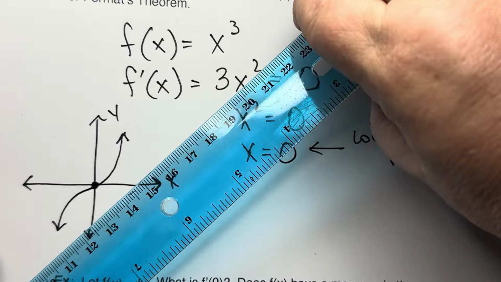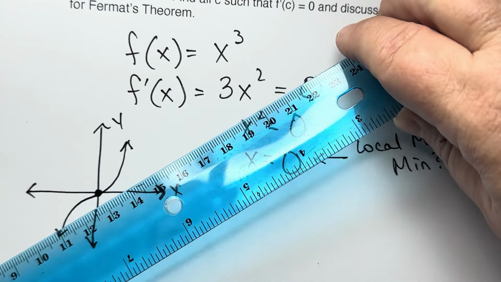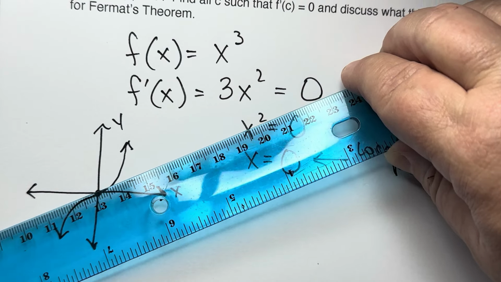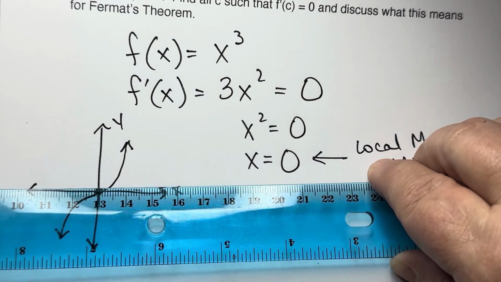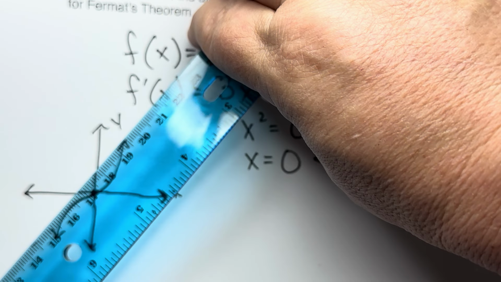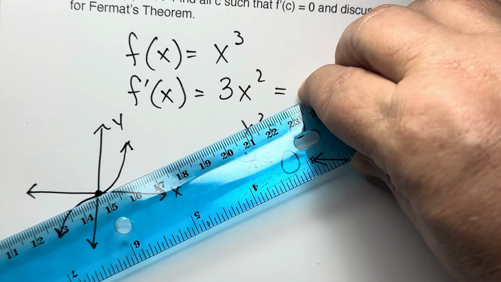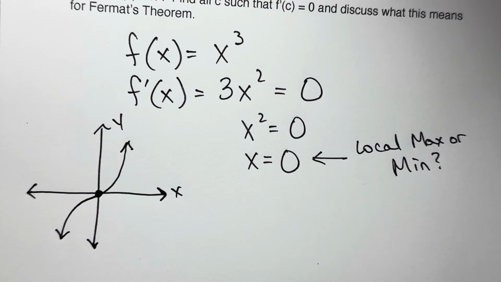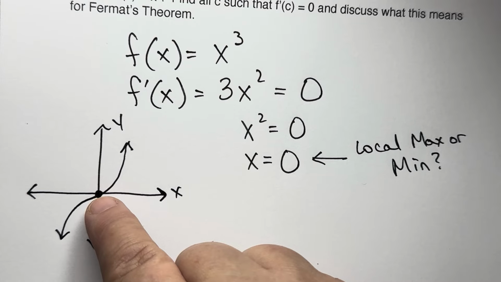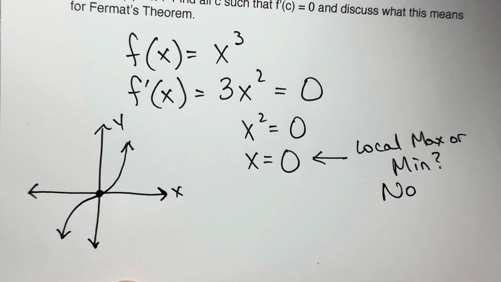Well, the slope is 0 there because if we look at the tangent line and we start drawing it, we see that it kind of, and this is my poor graph, doesn't draw it very well, but it comes from very positive, it kind of flattens out in the middle, and then it goes back up to being positive. Notice that it gets ready to turn around like a parabola, but instead of turning around and going the other direction, it keeps going. And so this is neither a local max or a min. And this is really unsatisfying.